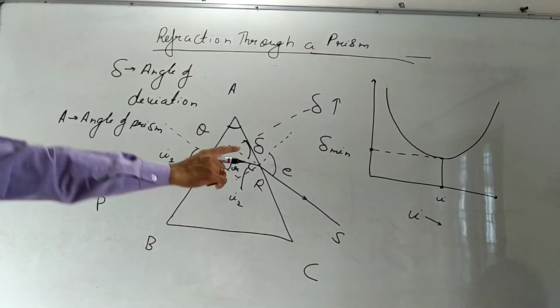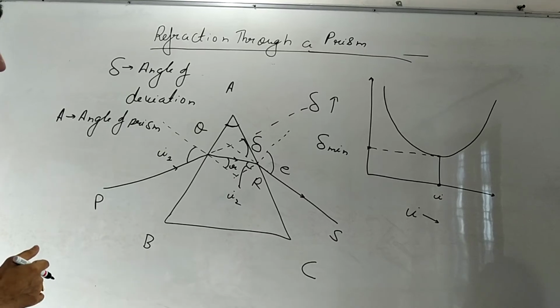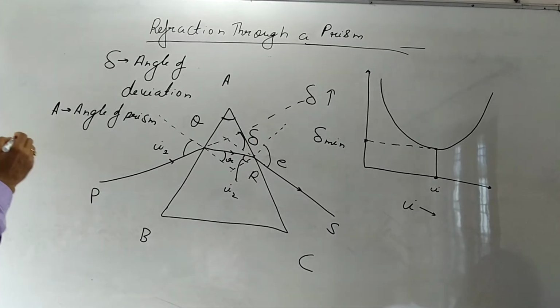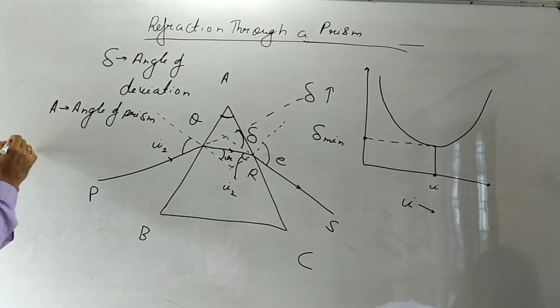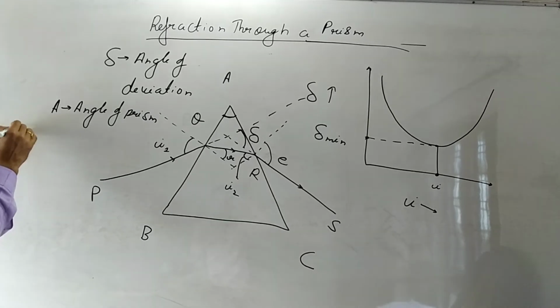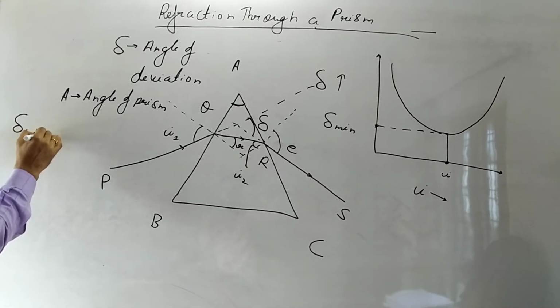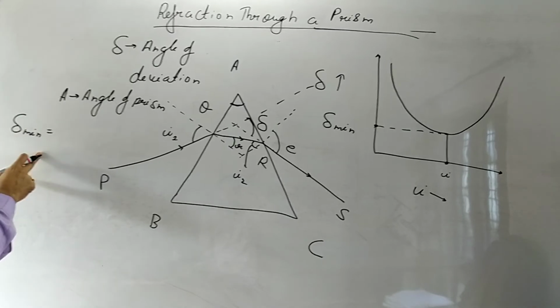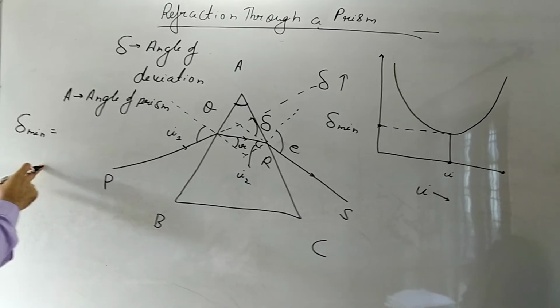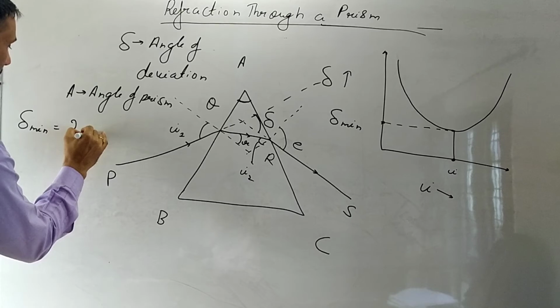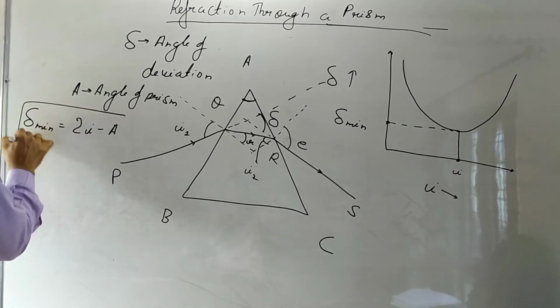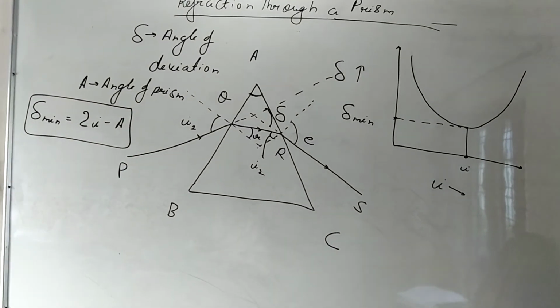When you have this minimum deviation, we follow one equation: minimum deviation del minimum is equal to 2i minus A. So this relation you should keep in mind.